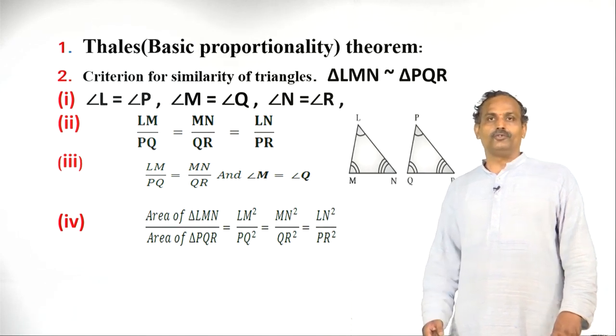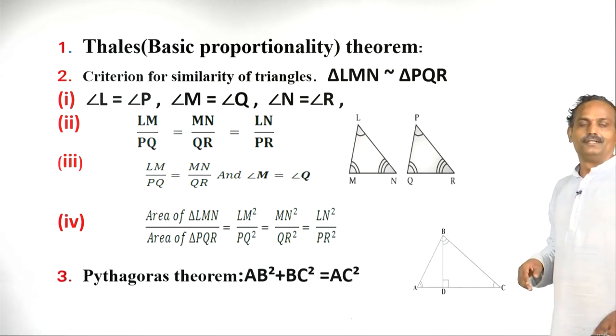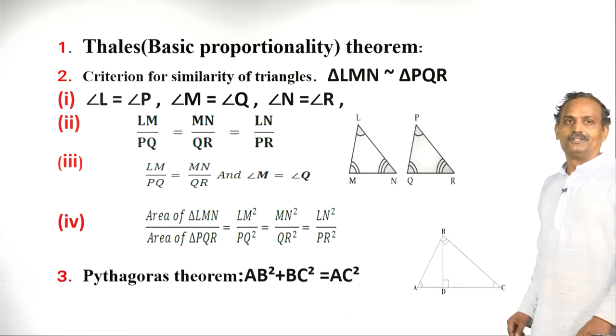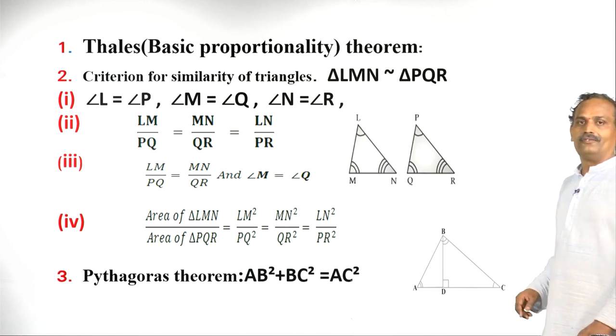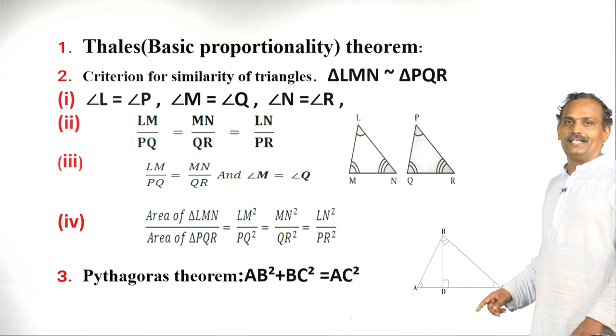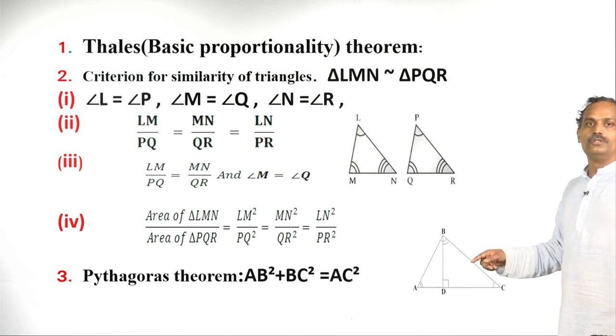We have studied all these in the previous classes itself. We will even discuss certain problems on Pythagoras theorem, and here, as we can recall, this AC is the hypotenuse and its square is equal to the sum of the squares on the other two sides.